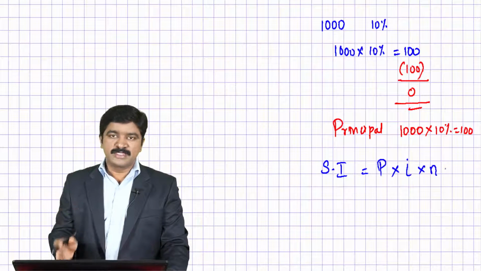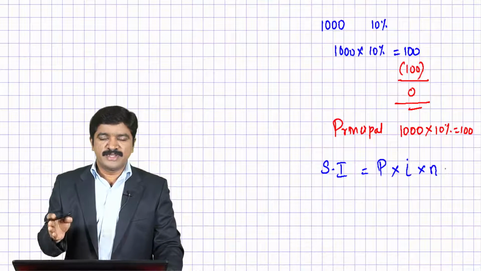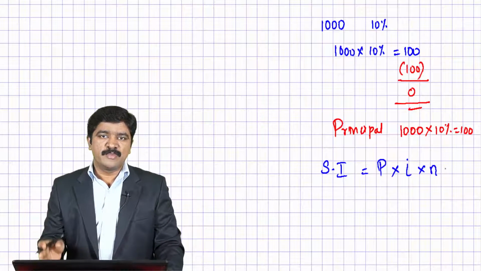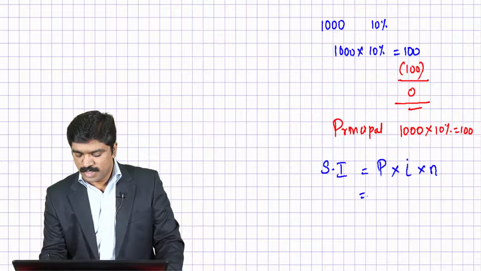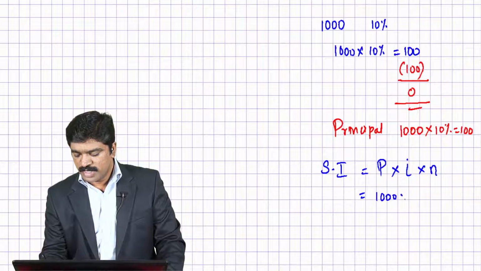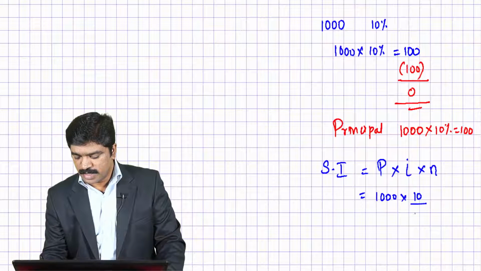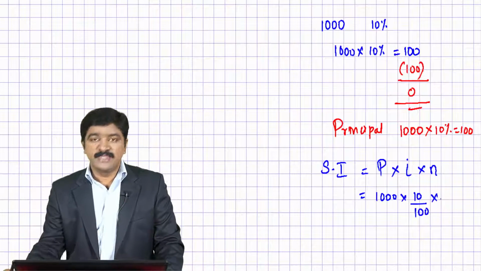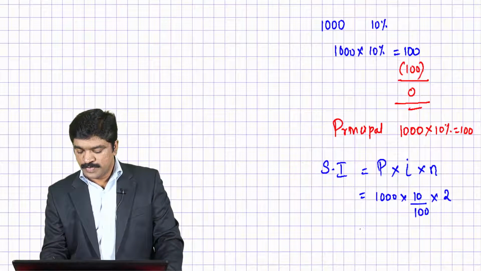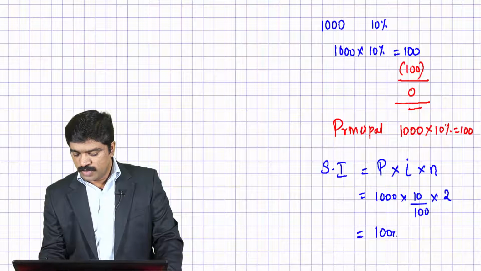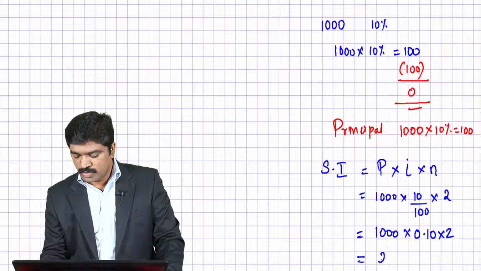So if my principal is 1000 and if my interest rate is 10%, and if I'm investing for 2 years period, then simple interest is going to be 1000 into 10% can be written as 10 by 100, and here N is 2 years. So I am investing it for 2 years. So into 2, that is 1000 into 10 by 100 can be written as 0.10 into 2. So it is 100 into 2, 200.